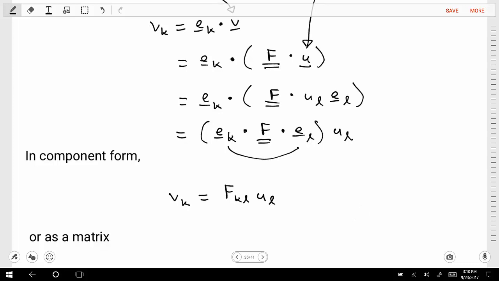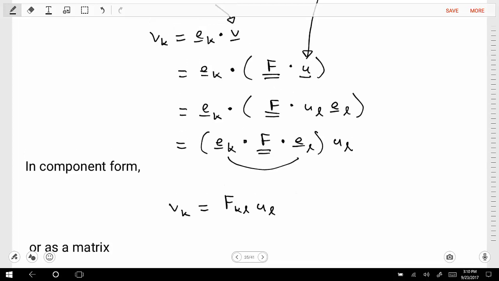So we have actually found the tensor F in component form, and we have this nice relationship that indicates which rows and which columns result in the row for vk.